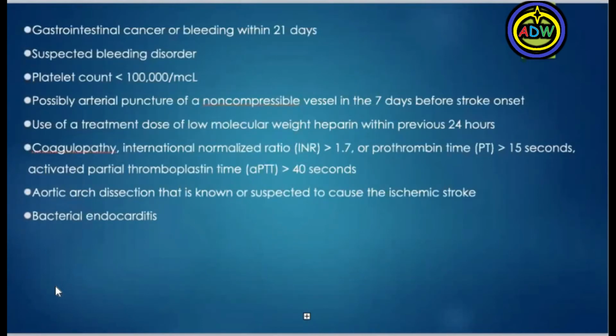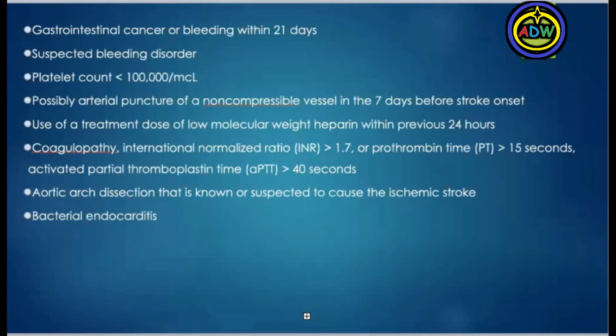Also gastrointestinal cancer or bleeding within 21 days. If you suspect any bleeding disorder, it is a contraindication. If platelet count is less than 100,000, it is a contraindication. When a person used heparin within the last 24 hours, or has coagulopathies, it is a contraindication.